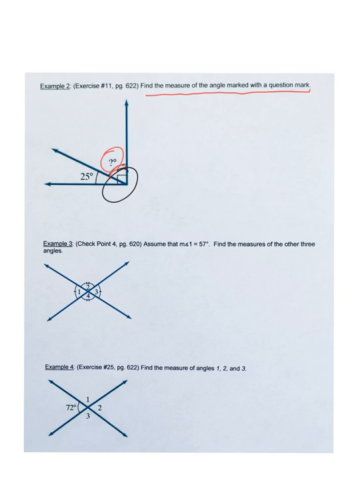As soon as you see a box shape, you should immediately think 90 degrees. So if I take the 25-degree angle they gave to us in the picture and put it together with the question mark angle we're trying to find, it forms a 90-degree angle. So these two angles are complementary angles.